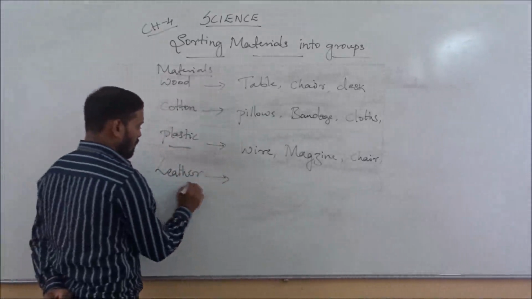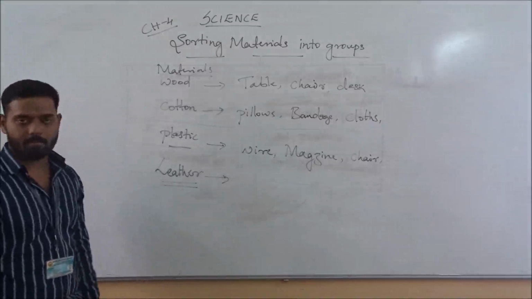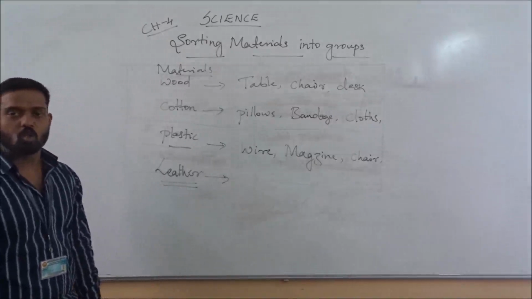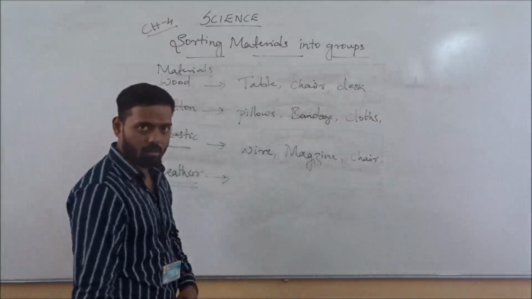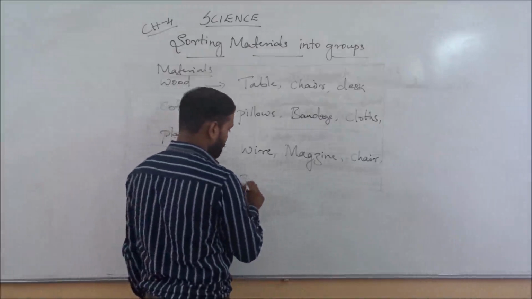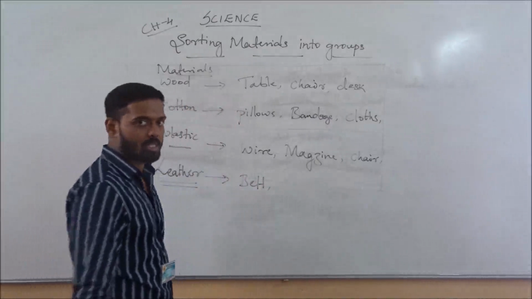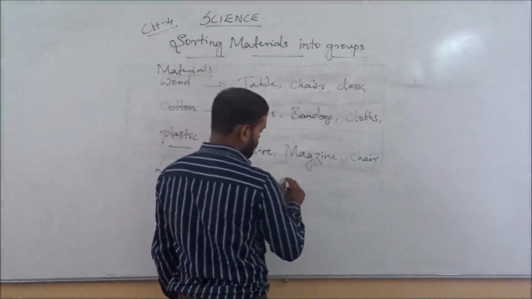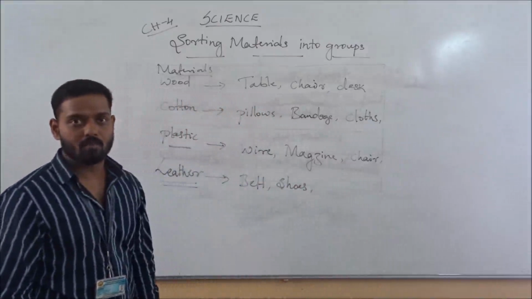Suppose you want to take another material, like I am going to take leather. Leather is also a material. So from leather, what are the things we can make? We can make a belt. Okay, then shoes, slippers we can make, and then sandals we can make.